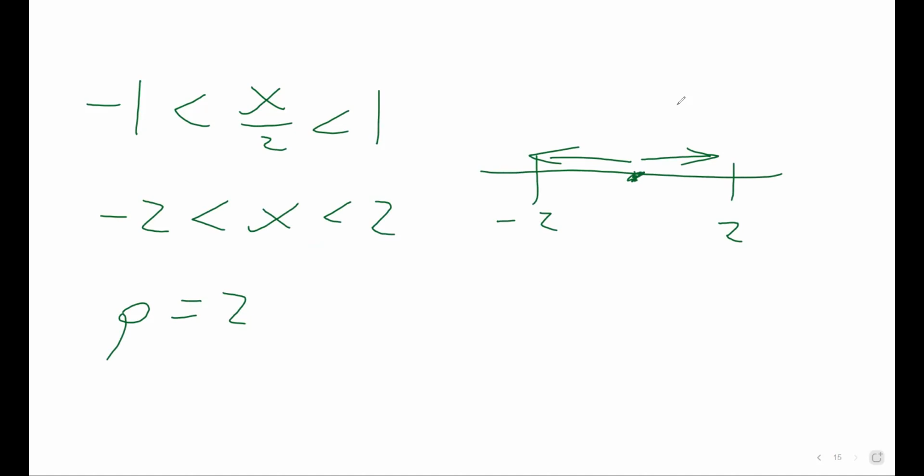But now we need to figure out which values it will converge for. So it's going to go potentially down to -2 and up to 2. So we have part of our interval of convergence done. We still have to check our endpoints. So let's plug a -2 into the original.